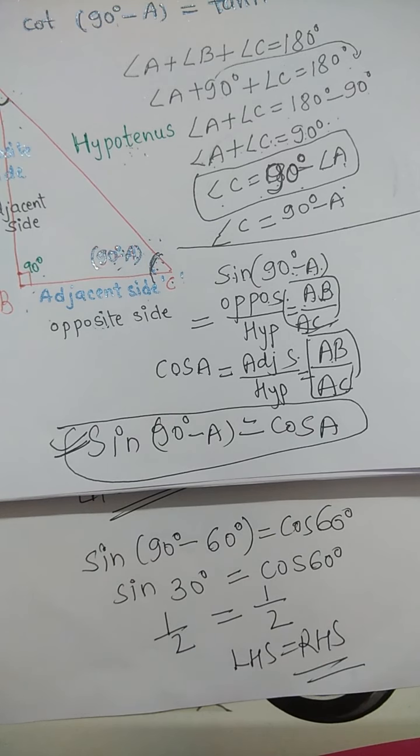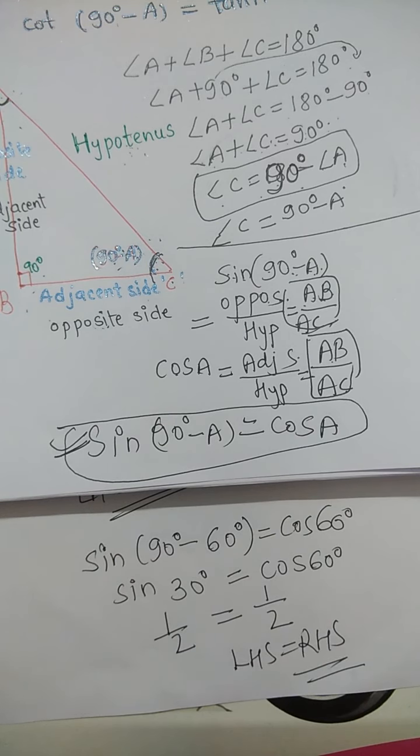Now let us solve the problems based on this. This exercise is quite interesting and very easy to prove. Let us solve the first example: tan 36 degree upon cot 54 degree. Here tan and here cot.